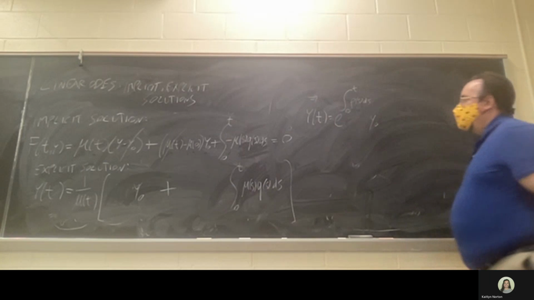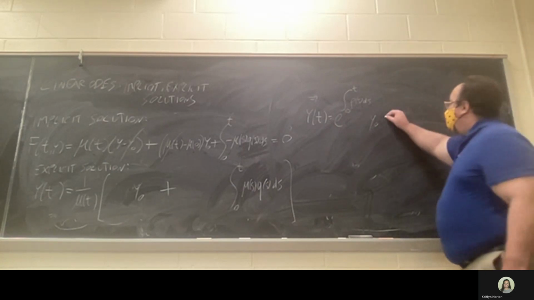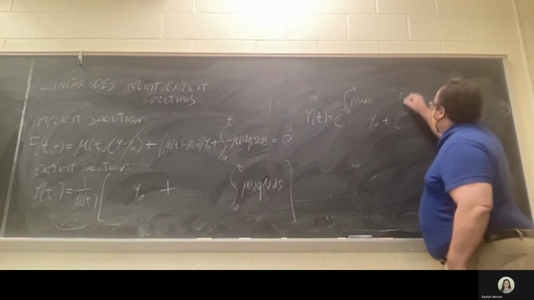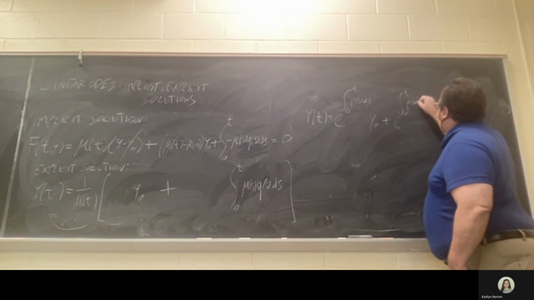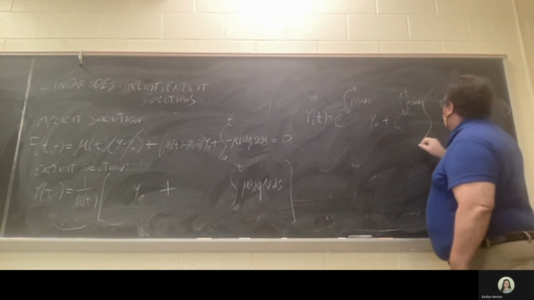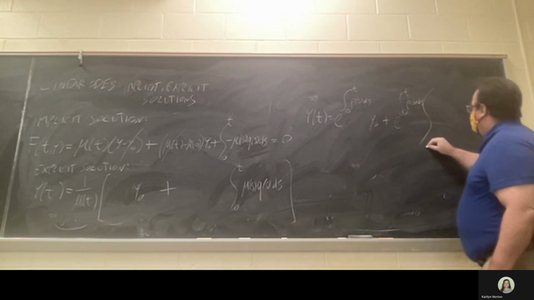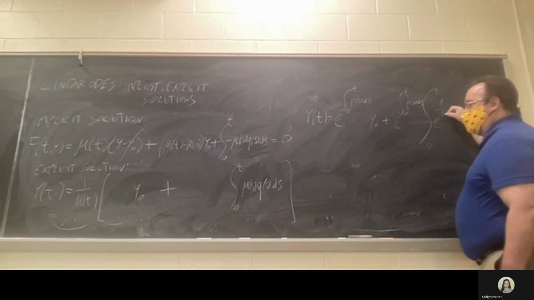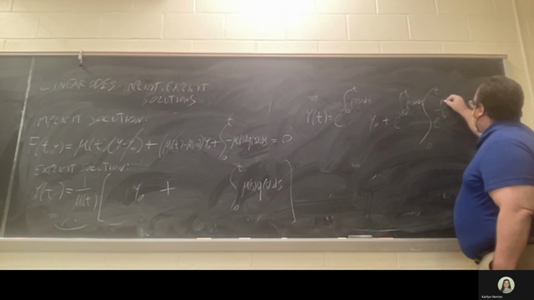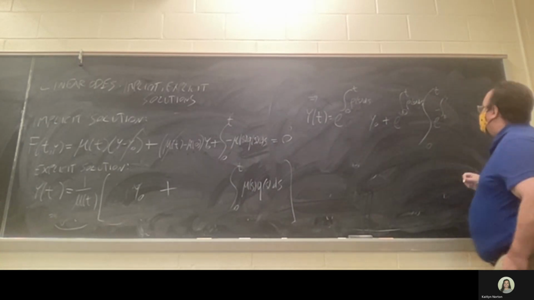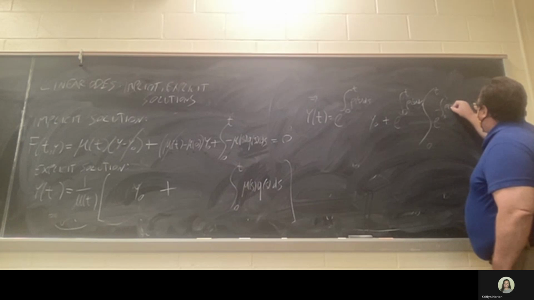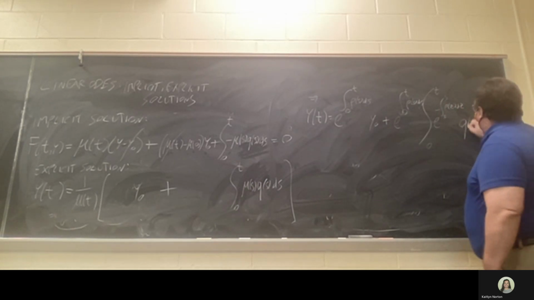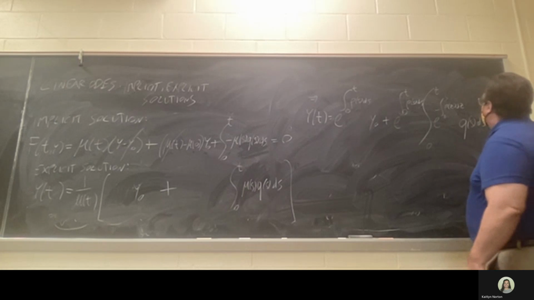Times y0 plus this again, 1 over mu, times the integral over here from 0 to t, e to the minus integral 0 to s. And now I need to get another letter inside. P of z dz, q of s ds. Okay.